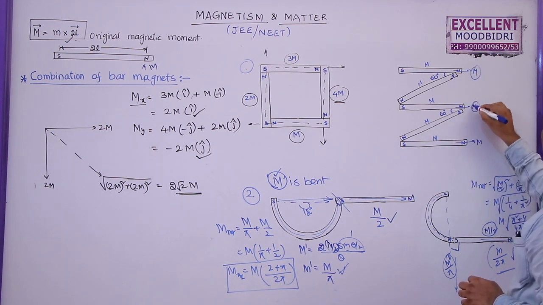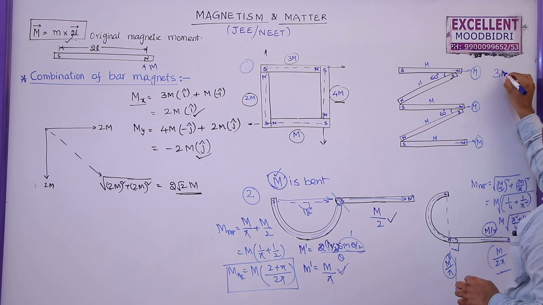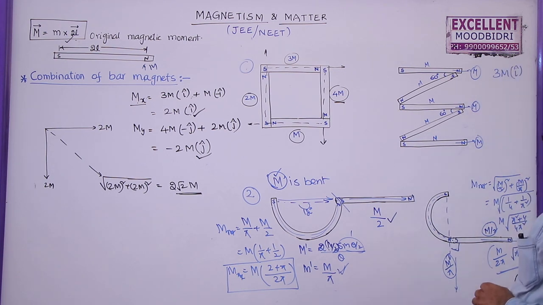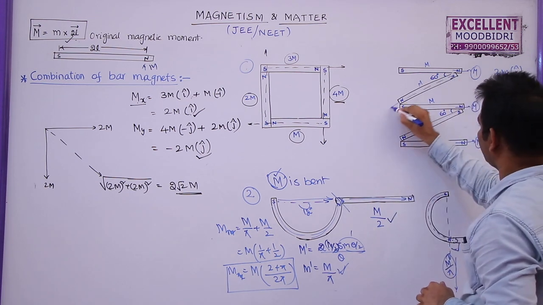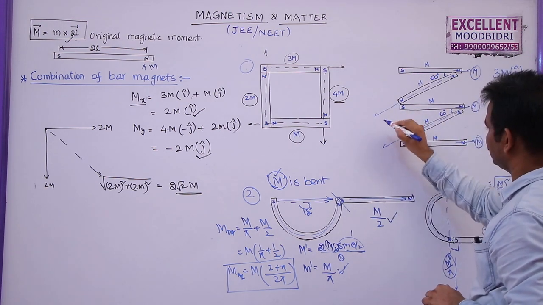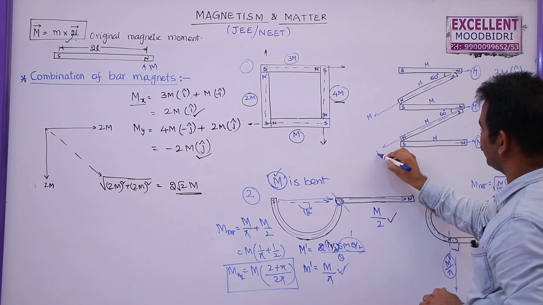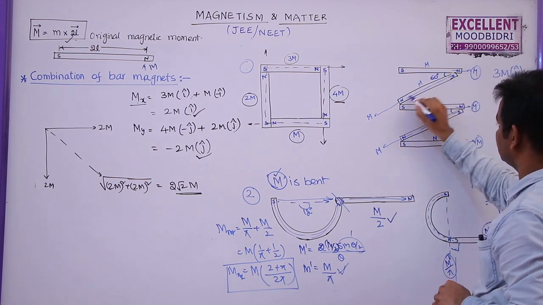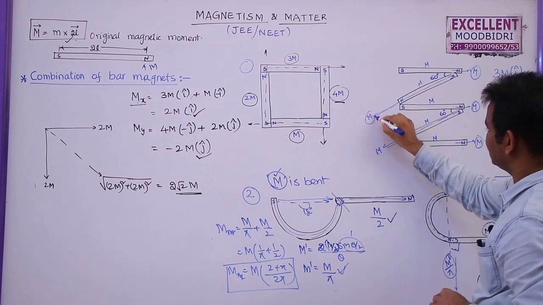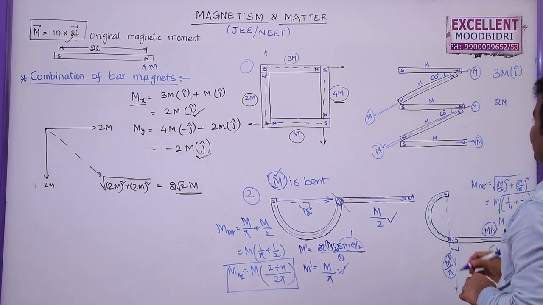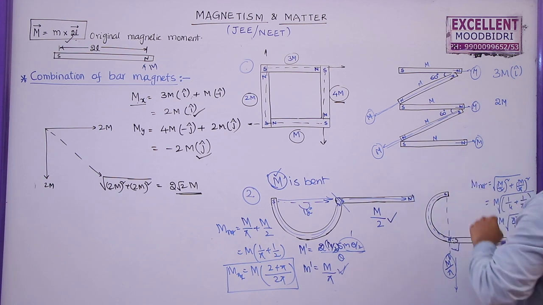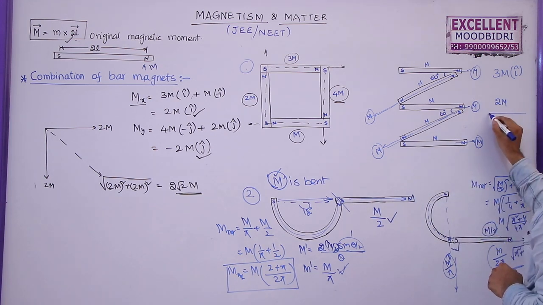So the sum of these three will be 3m i cap. But what about these two? These two, see, this is acting like this, this is also acting like this. So this magnetic moment is m, this magnetic moment is m, but these are acting along these two directions. The sum of these two will be m plus m, this is 2m.